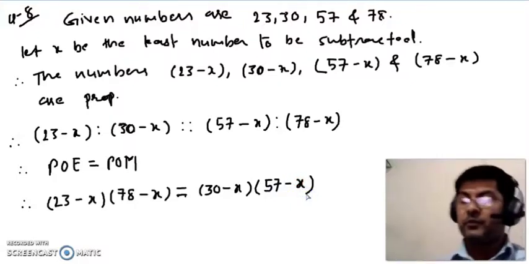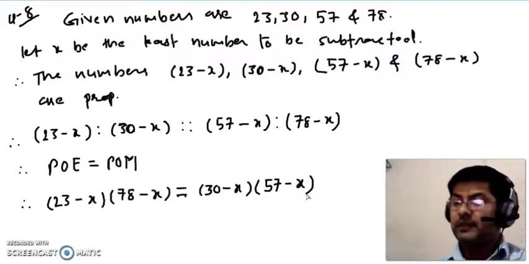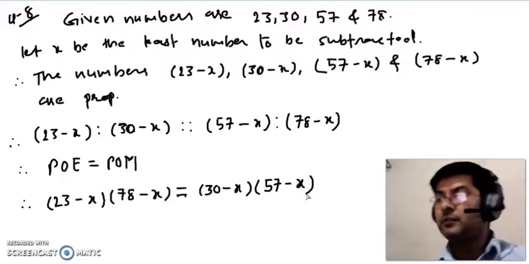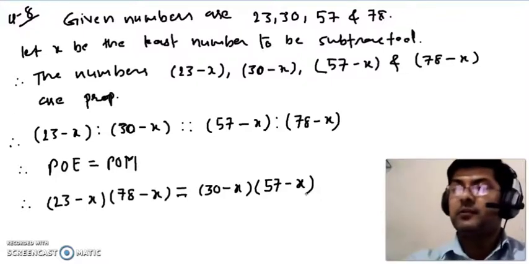Clear? Now let us simplify. First we have to find out 78 times 23, so let us find out.